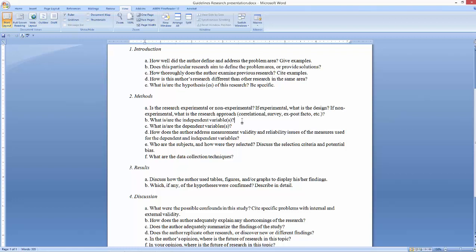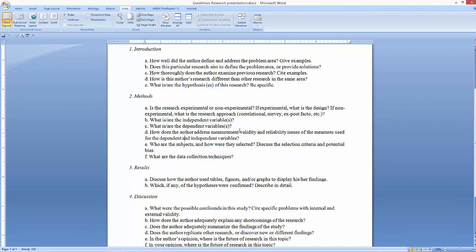So you have 3 therapy types: no therapy, cognitive behavioral, psychodynamic. The dependent variable would be the level or amount of depression that is changed relative to the different type of therapy. That would be the dependent variable. That would be an example. Of course, you have to apply it to whatever your research subject matter is.